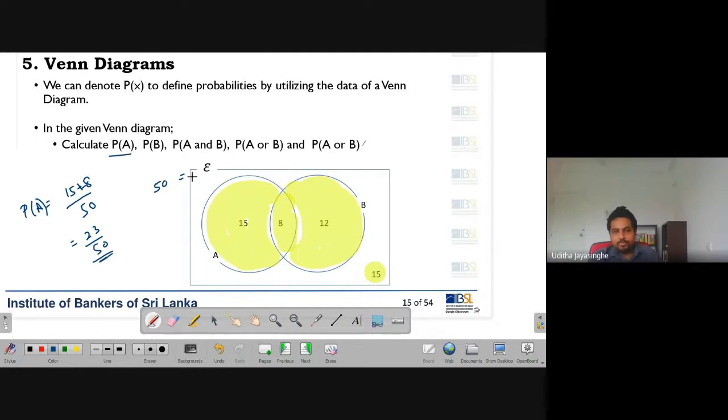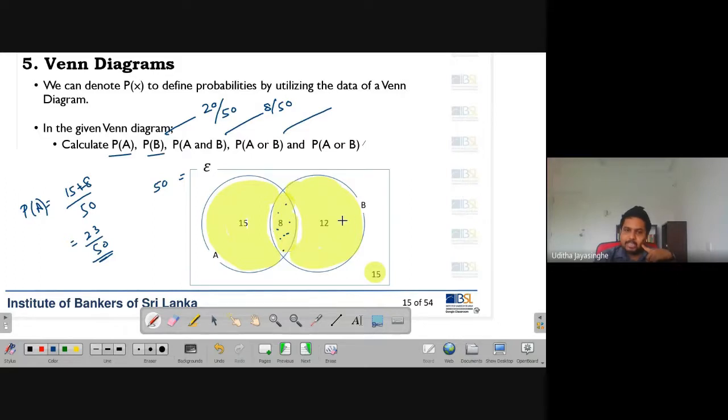P(B), easy now. 20 divided by 50. P(A and B): A and B means this particular area. 8 divided by 50. See, once you define your areas, it's very easy to calculate any probability. P(A∪B), easy.